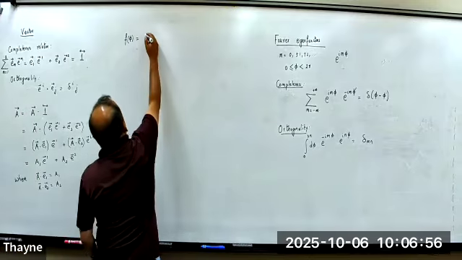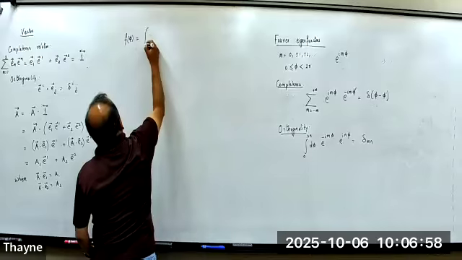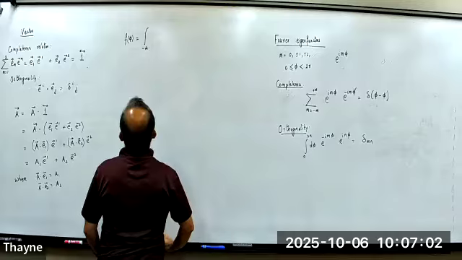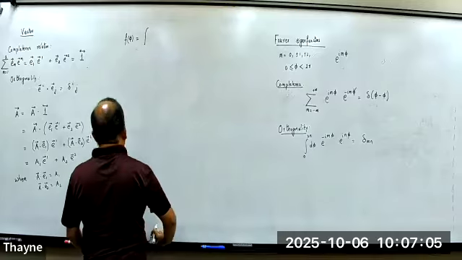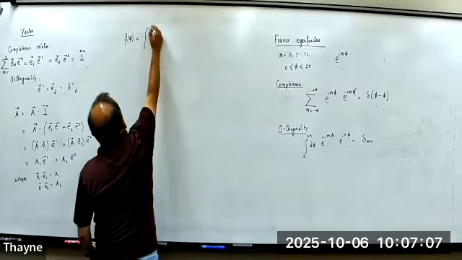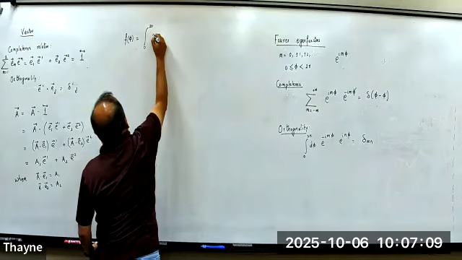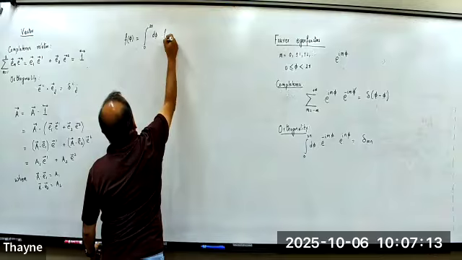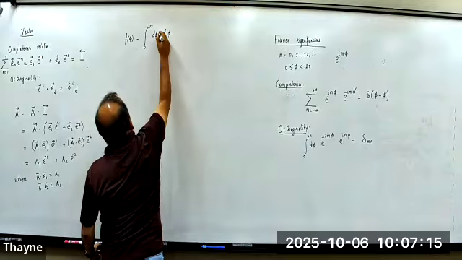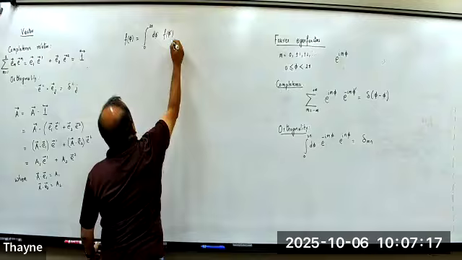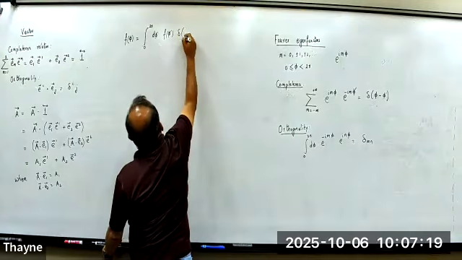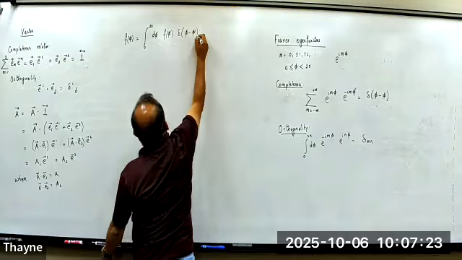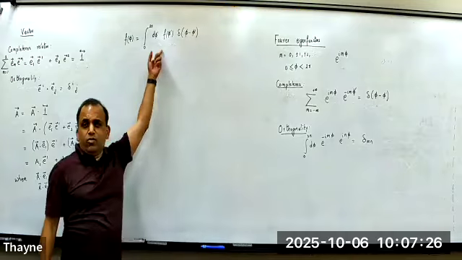So how do we introduce that 1? This is the same as, not minus infinity to plus infinity, 0 to 2 pi. So 0 to 2 pi, d phi prime, times f of phi prime, let's say, and delta of phi minus phi prime.